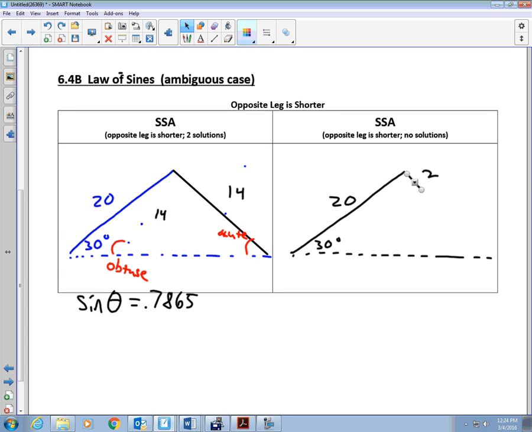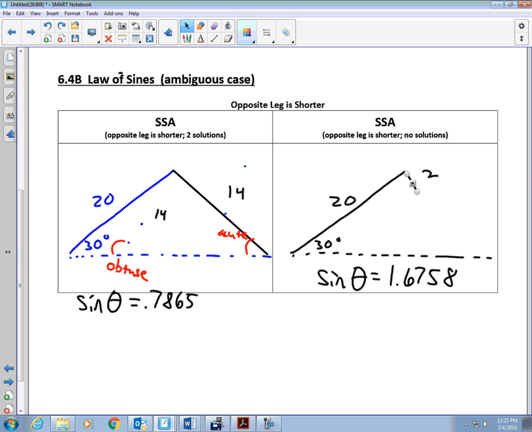It's possible that this side just might be too darn short, and therefore you would get no solution. Some people say, well, how do you know it's too short? Well, let's think about the no solution option. Say I got sine of theta is equal to 1.6758. Can sine be equal to that? Why? Yep, the maximum value of sine is 1, and the minimum value is negative 1. This is outside the boundary for what sine can be. So therefore, you would get a no solution situation. You'd be talking about this little thing up here, and it just won't make it. No matter how you turn or flip it around, it just can't find its way down.